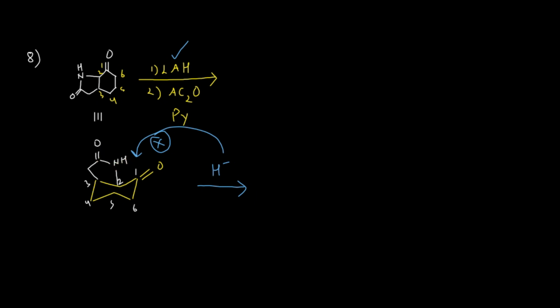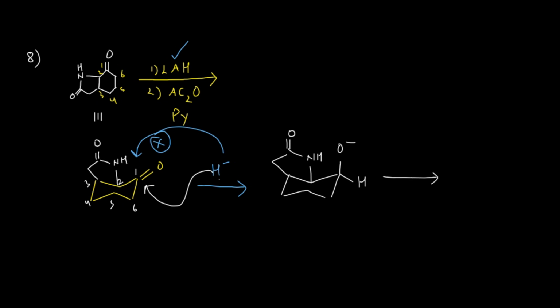The only possible way for this is what? It will attack from the bottom of the plane. That means this hydrogen will acquire equatorial position, pushing this oxygen to the axial position. So your product would be like that, not product actually, your intermediate would be like that. And then in the next step you are having your CH3.